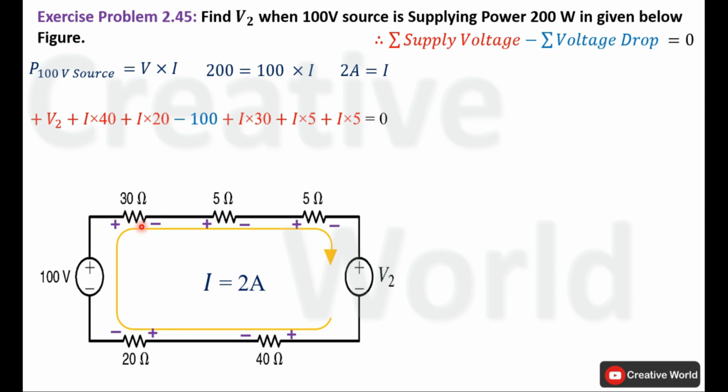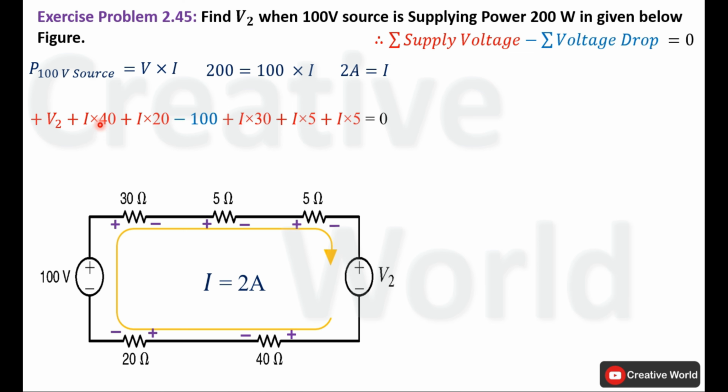Next is the 30 ohm resistance, current entering terminal is positive, so the product of I and 30 ohm will be taken with positive sign. Next element is the 5 ohm resistance, current entering terminal is positive, so the product of I and 5 ohm will be taken with positive sign, and same case will be with this 5 ohm resistance because current entering terminal is positive.